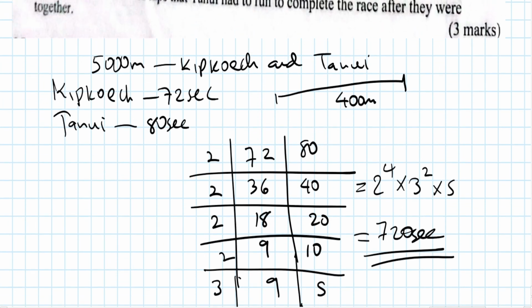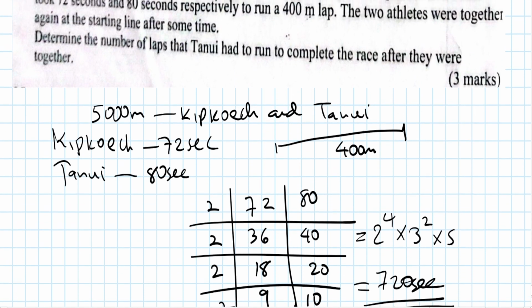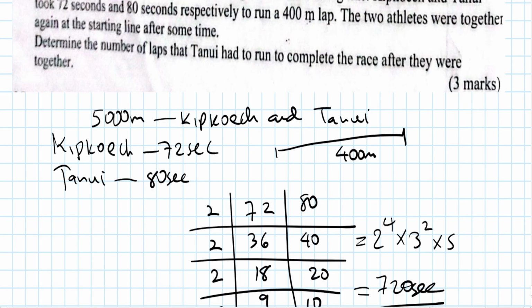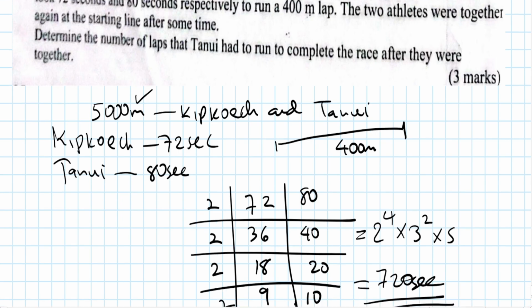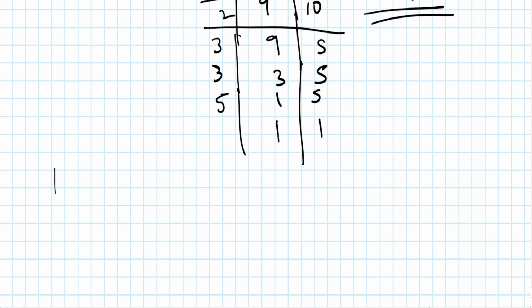Now, you've been told Kipkoech began a 5,000-meter race, running a 400-meter lap. So let's see how many laps he takes for the 5,000 meters. So 5,000 divided by 400.